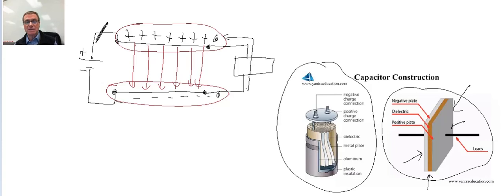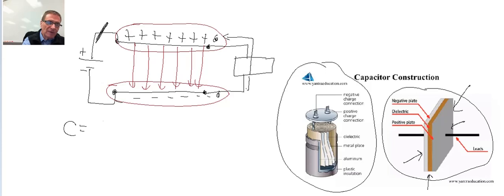We try to maximize that area, so here we have a long, thin plate separated by a very thin dielectric, with another plate on the other side, and it's rolled up so that we can have as much area as possible in a very small container.